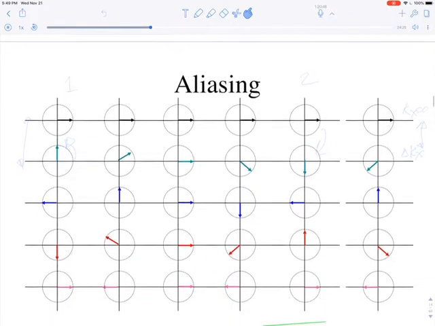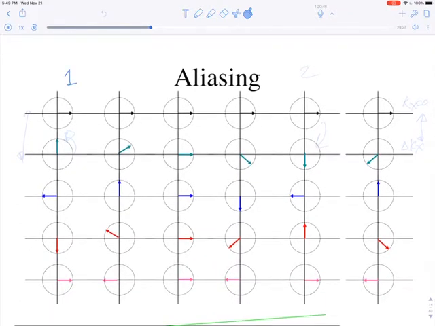So now let's look at column 1 and column 2. Do the spins look different now? Yeah, now you can tell that this spin here is going clockwise, and this spin here is obviously going counterclockwise, which you couldn't tell before because we were sampling too coarsely.